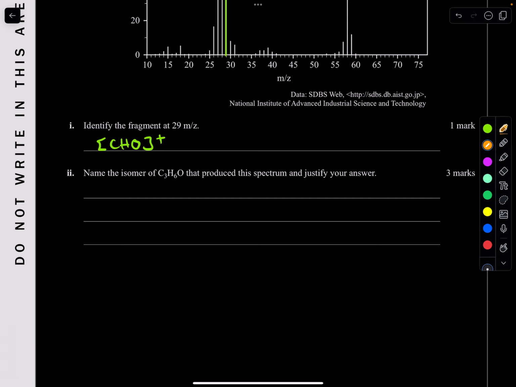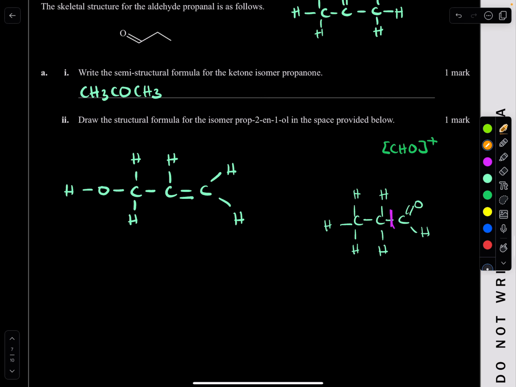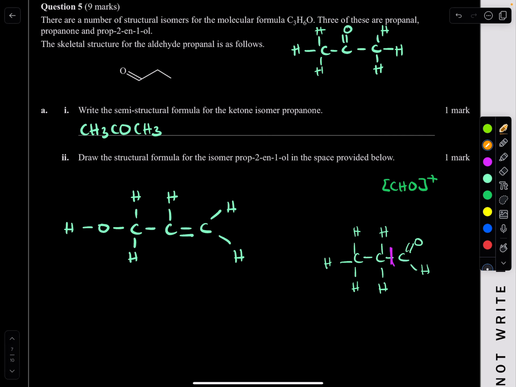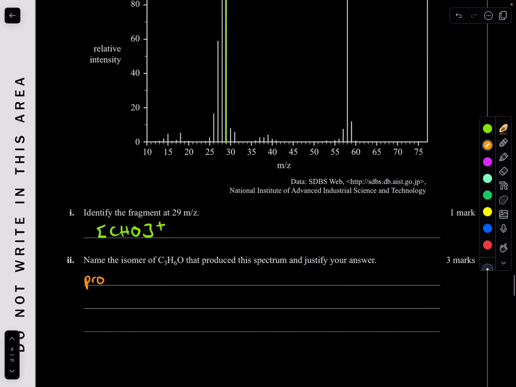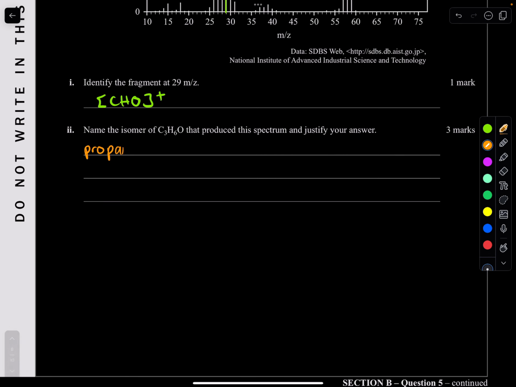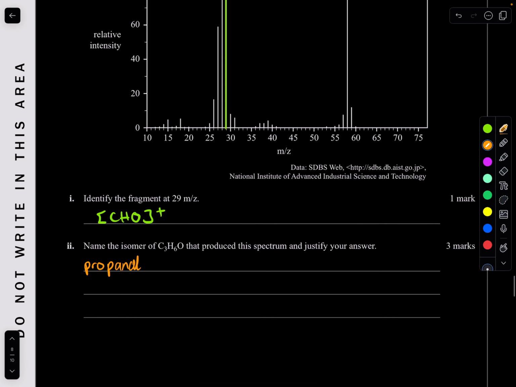So name the one that would be produced. What we're going to write is propanal. Let me spell it again. So it's propanal. Yep. And why is that? Name the isomer that produced this spectrum, and justify your answer.